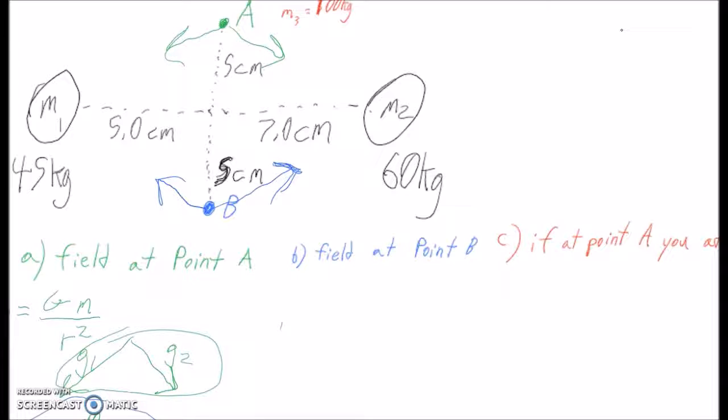And this here, I'm going to call this one G2, and this one, the bottom here, G1. In terms of magnitude, they're going to be the same, because they're being affected by the same mass. And the radius is going to be the same, because there's still the same triangle in here.